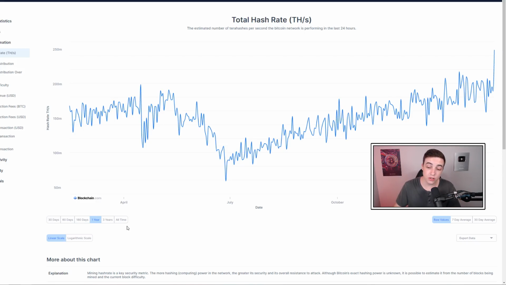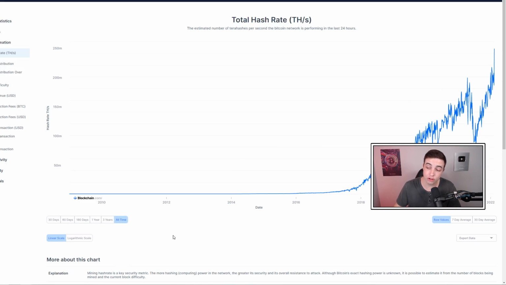And if you zoom out on the chart to look at the entire history of Bitcoin's hash rate, it is almost always increasing as more and more Bitcoin miners plug into the network, and obviously as computers just naturally get faster over time. And honestly, if you are a long-term Bitcoin investor, as in you're planning to stick in Bitcoin for many years to come, the Bitcoin hash rate is far more important than the Bitcoin price.